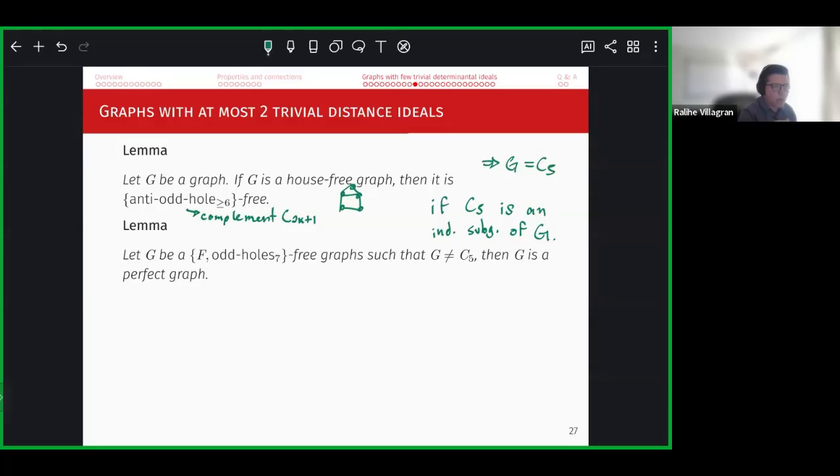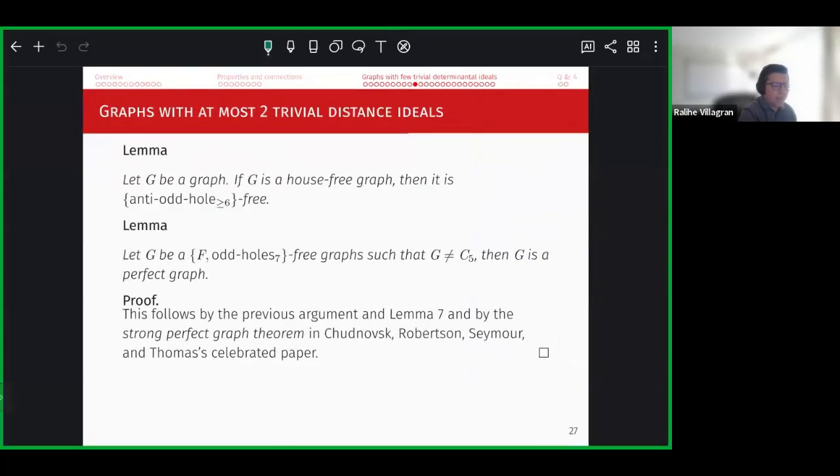So then we can think about C5 as another forbidden induced graph. And then by this lemma and by the strong perfect graph theorem, by Chudnovsky, Robertson, Seymour, and Thomas, we know that the graph has to be perfect.